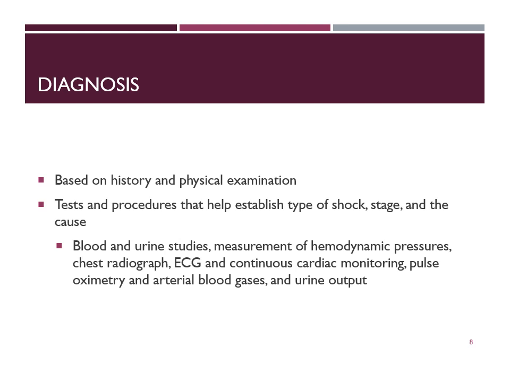Blood and urine studies would be done, measurement of hemodynamic pressures, chest x-rays, EKGs, continuous cardiac monitoring, pulse oximetry, such a simple test, but we can tell so much with that pulse oximeter. Arterial blood gases, check their urine output. What color is their urine? How much urine are they putting out?